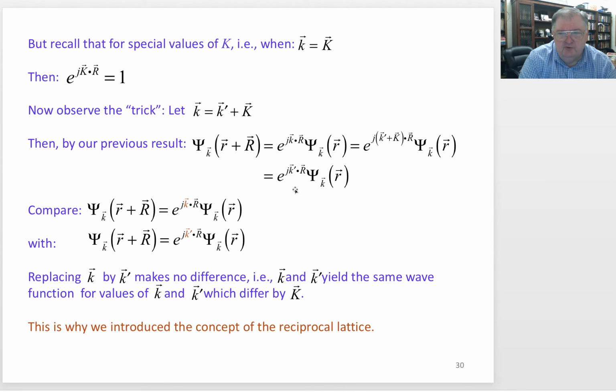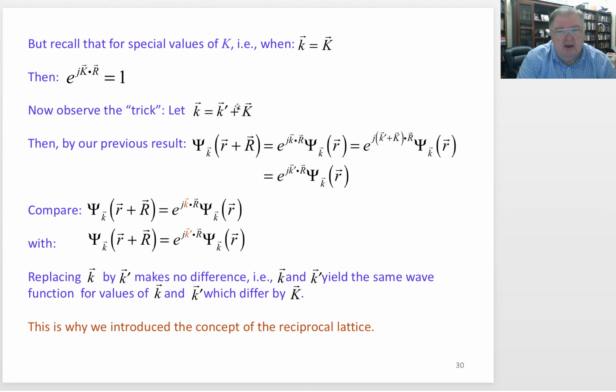So this thing reduces to e to the j K prime dot big R times the original wave function. So compare. Our previous result said that I take the wave function and move to some adjacent cell, and I get the phase shift e to the j K dot R. But I just showed you that if I take the wave function and move to the same adjacent cell, so these two are equal, this also equals e to the j K prime dot R.